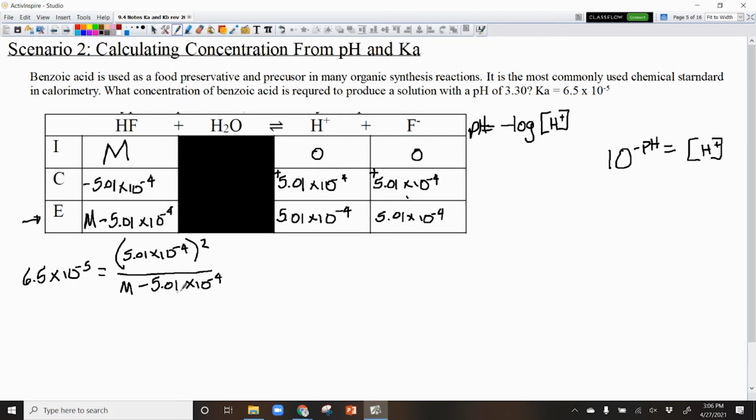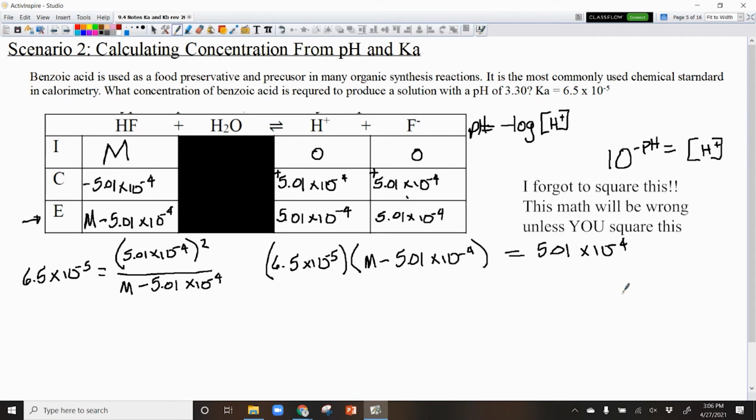Okay, so to get rid of this here, we need to multiply both sides by this denominator. So we have 6.5 times 10 to the negative 5th times m minus 5.01 times 10 to the negative 4th, and that's equal to 5.01 times 10 to the negative 4th. So now we need to distribute this to both of these terms.